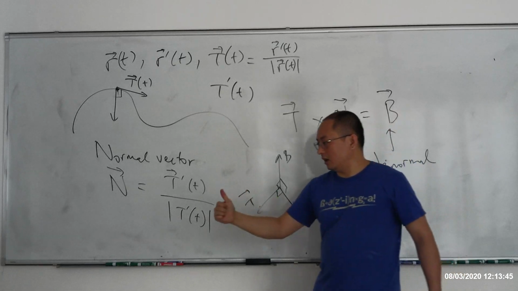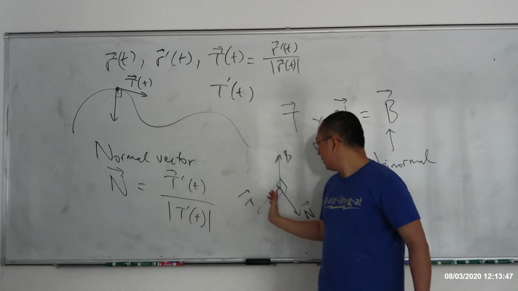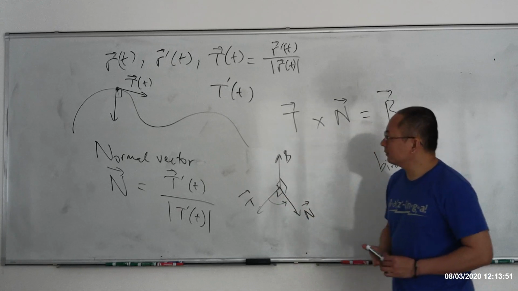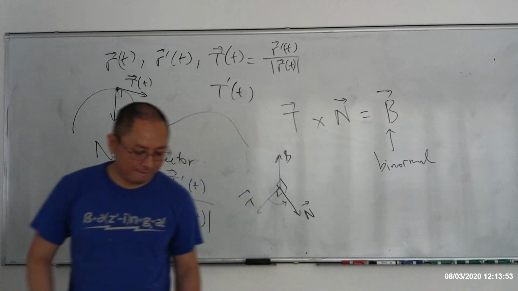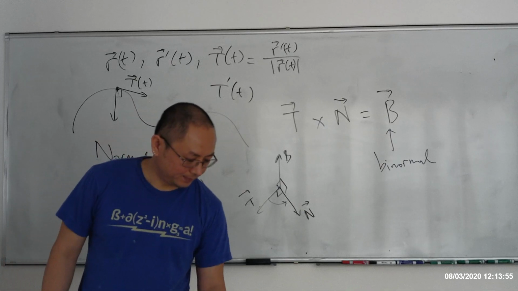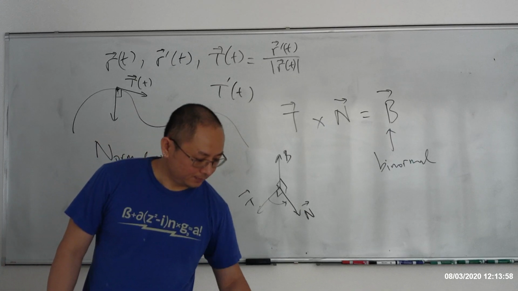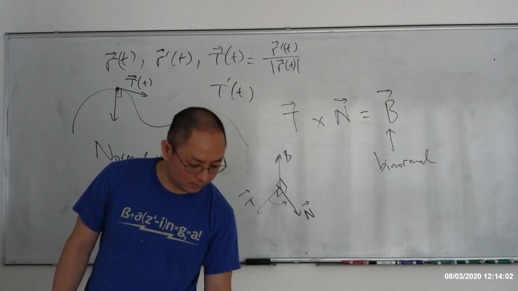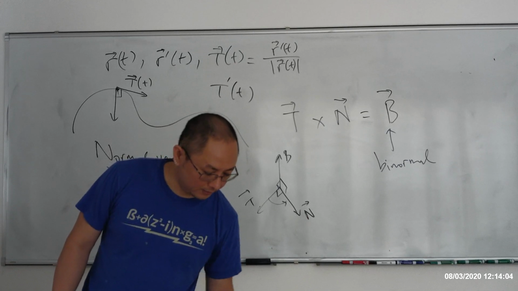Using the right-hand thumb rule, t goes to n, and you have b come up. All right. Let me see if I missed anything.